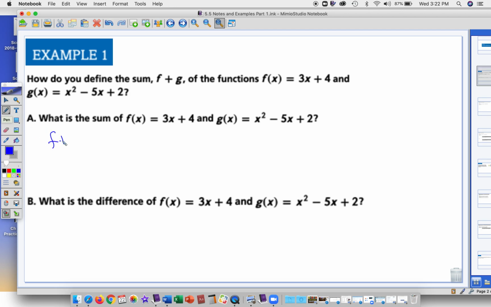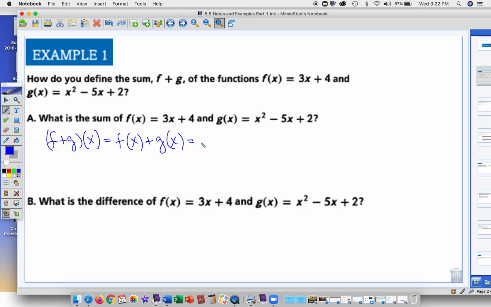I can write f plus g of x, which is the same as saying f of x plus g of x. So in this section, you will be writing out the notations, and then you'll actually be calculating what is f plus g of x. And you already know how to do that part of it.